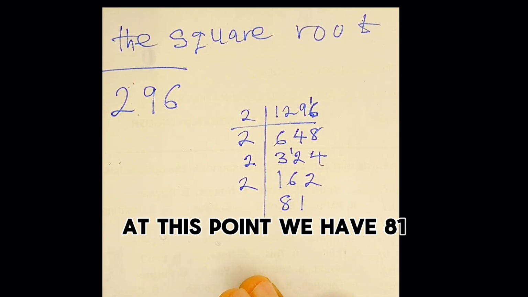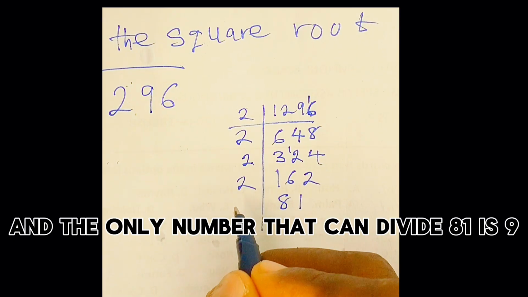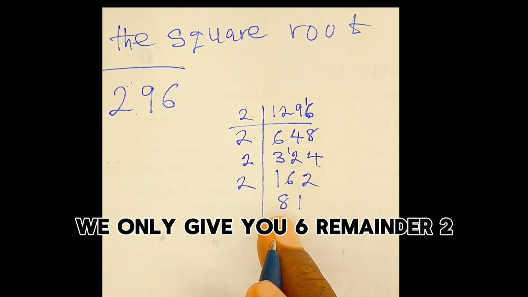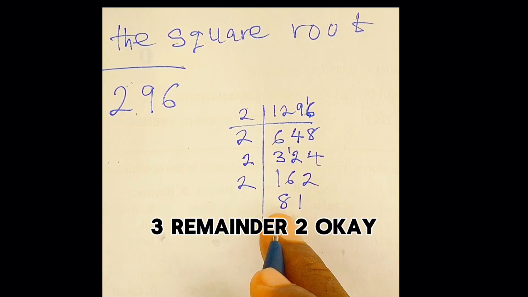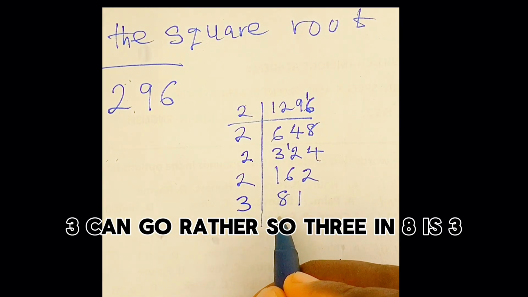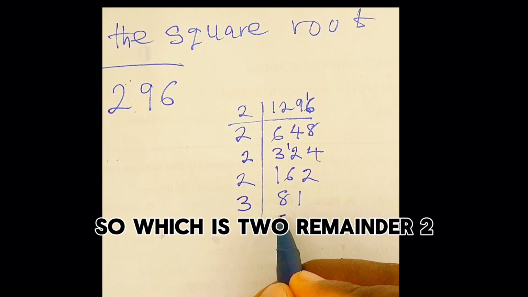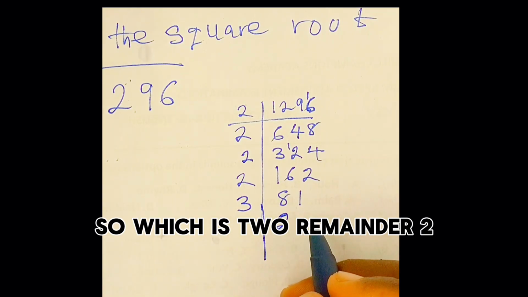At this point, we have 81. And the only number that can divide 81 is 3. If you try 3, 3 in 8 will give you 2 remainder 2. So 3 in 8 is 2, 3 times 2 is 6, remainder 2.